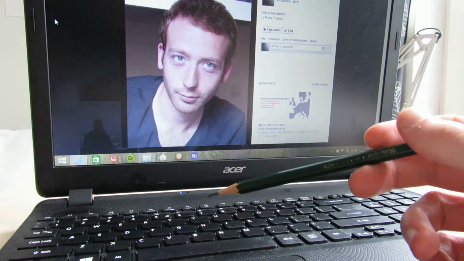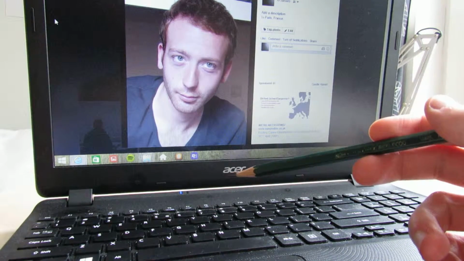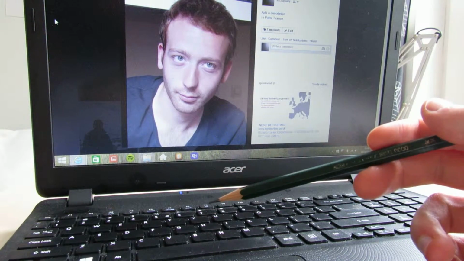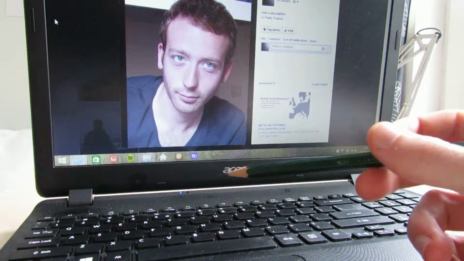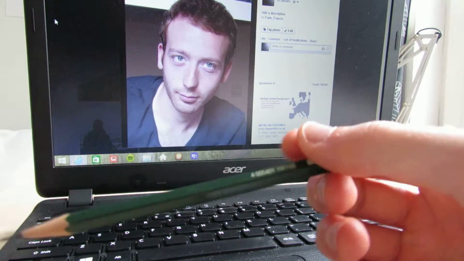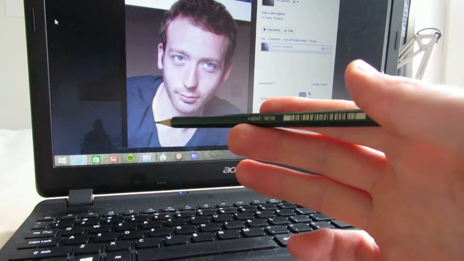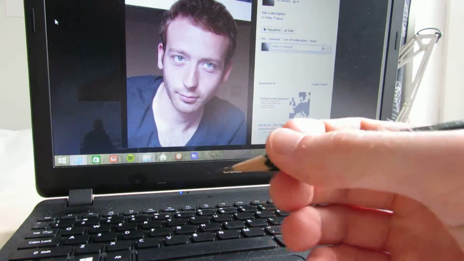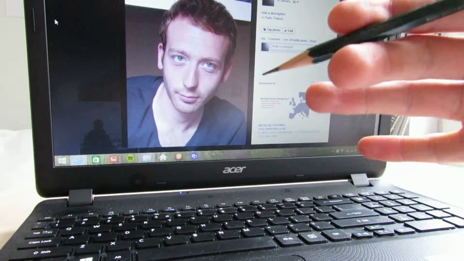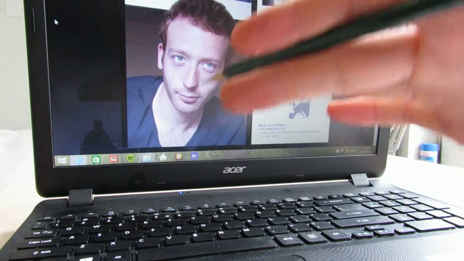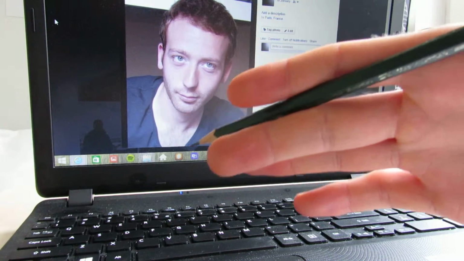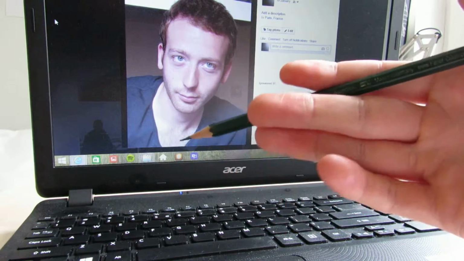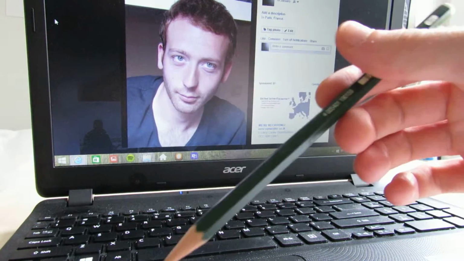So I tend to use between 2 and 4 layers. But then you've also got the fact that you can hold the pencil at different points, and by doing so imprint different levels of darkness, of tone, upon the paper.